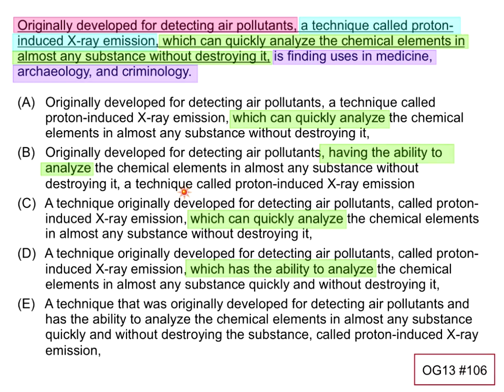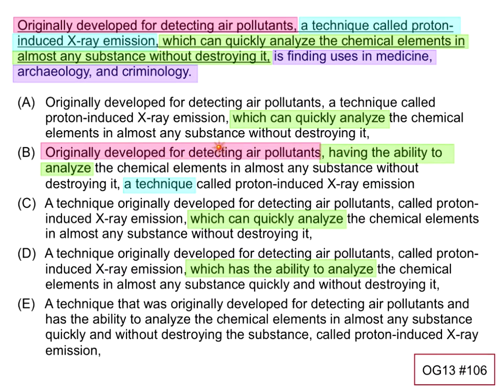There's a problem here. Pete's right. When you have two modifiers like this running one right after the other, and they both refer all the way down here logically, let me get my colors here. So here's our technique, right? And I want them all to refer to technique. But now I'm looking for originally developed for detecting air pollutants, and I'm looking at the ability to analyze elements.